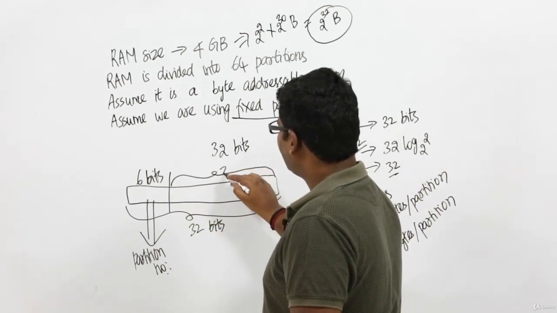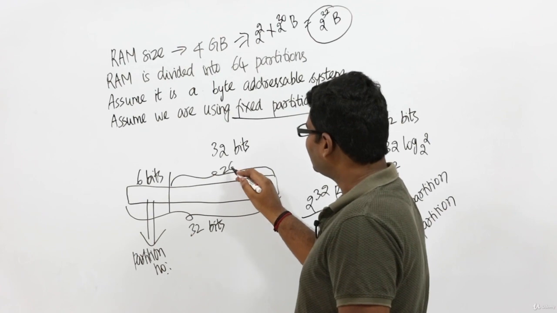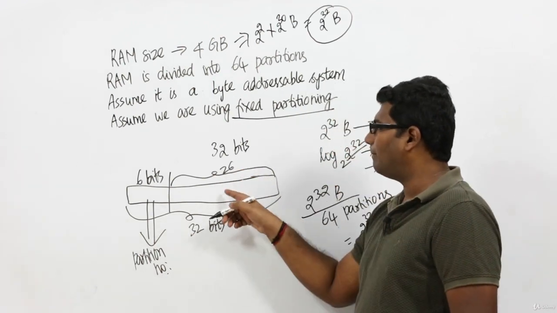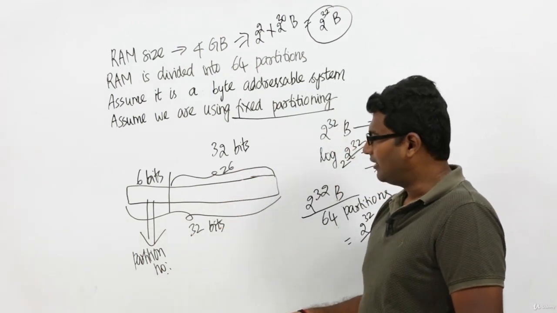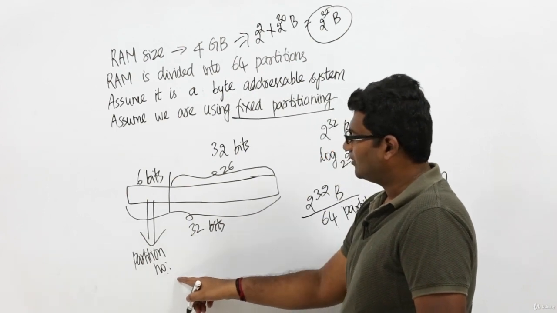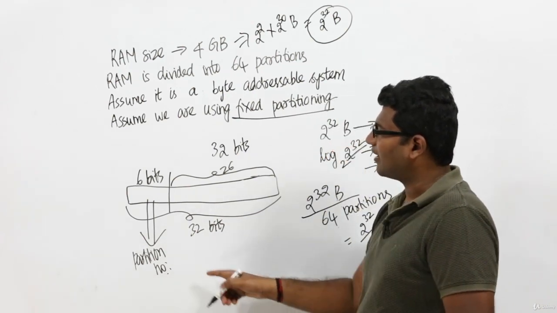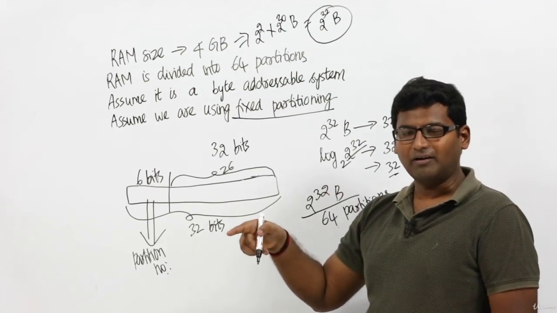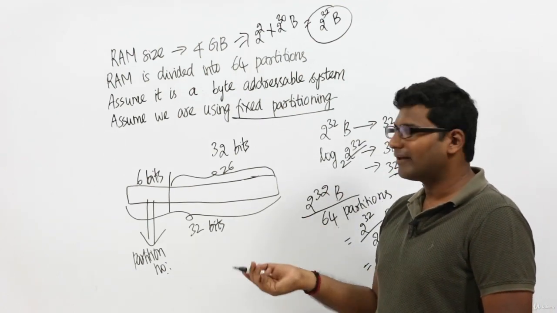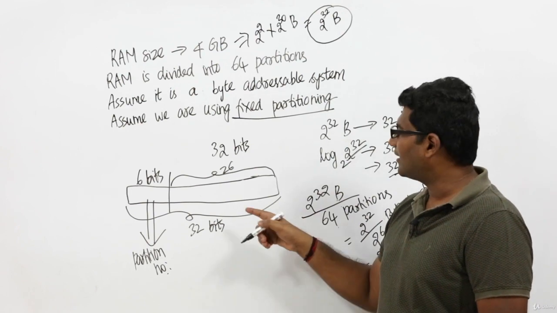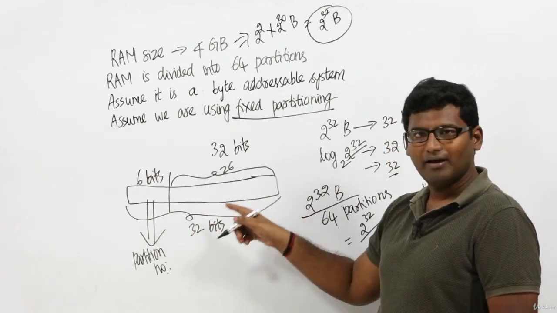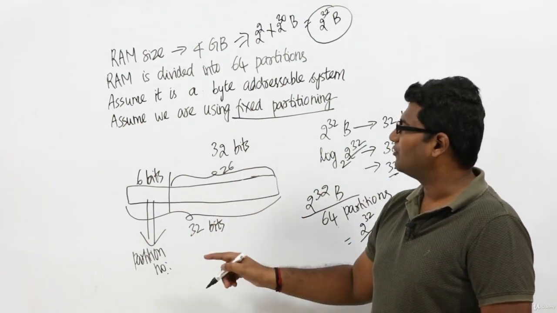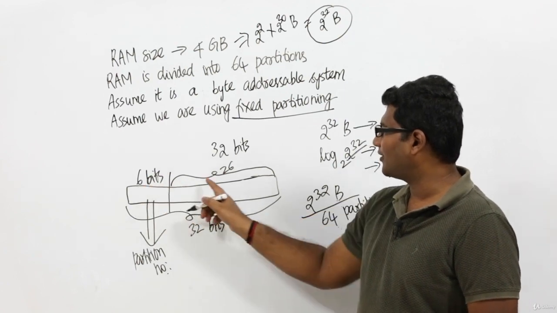This is nothing but 26, right? So these 26 bits are going to indicate the byte number within a partition. There are 64 partitions, addressed by using the 6 bits. Once I reach a particular partition, how can I refer to a single byte within it? For that I use these 26 bits. This can be calculated as 32 minus 6, which is 26.